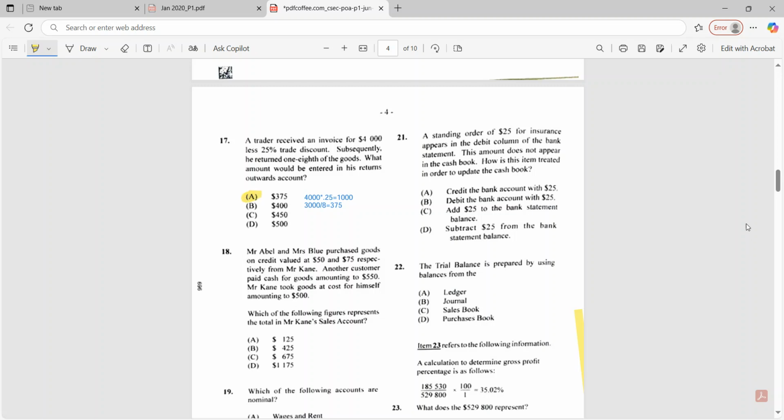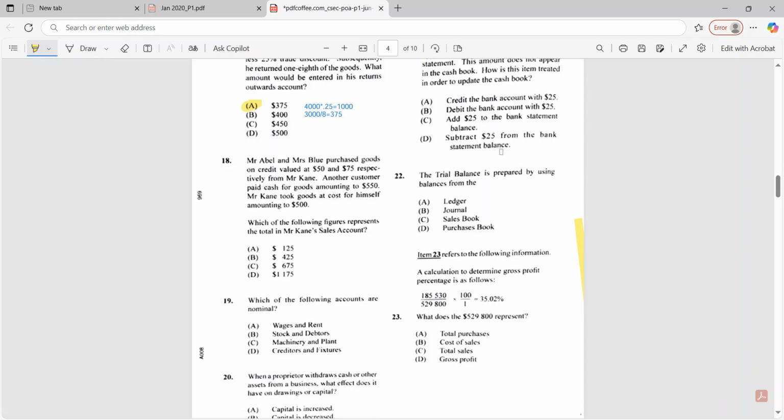Mr. Abel and Mrs. Blue purchased goods on credit valued at $50 and $75 respectively from Mr. Kane. Another customer paid cash for goods amounting to $550. Mr. Kane took goods at cost for himself amounting to $500. Which of the following figures represents a total in Mr. Kane's sales account?